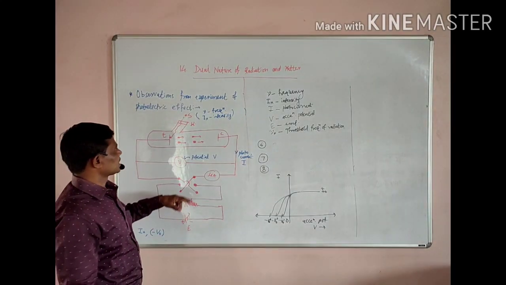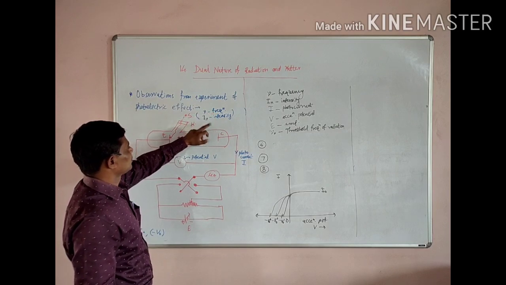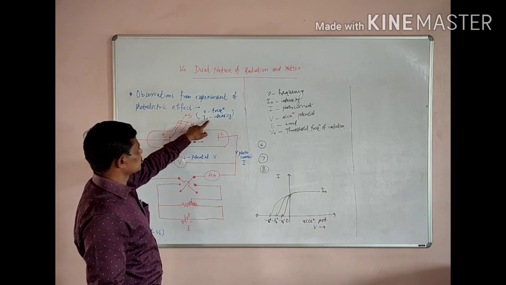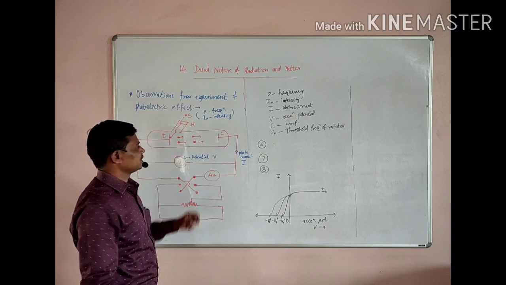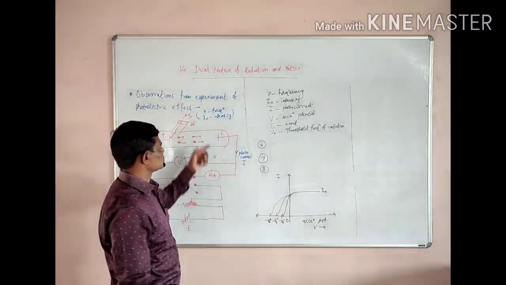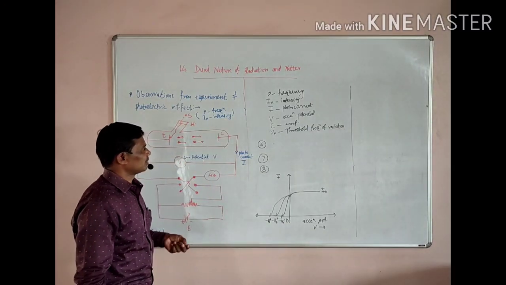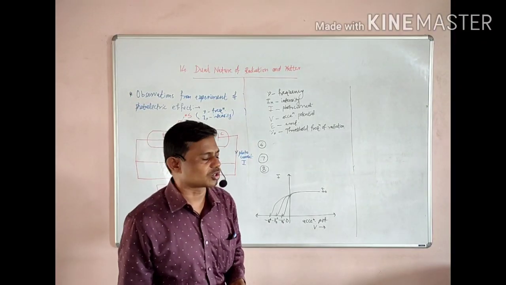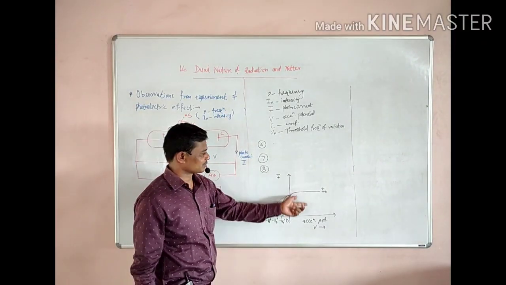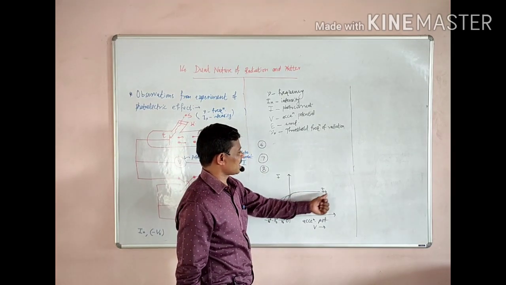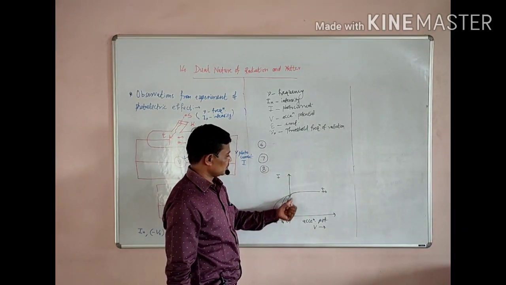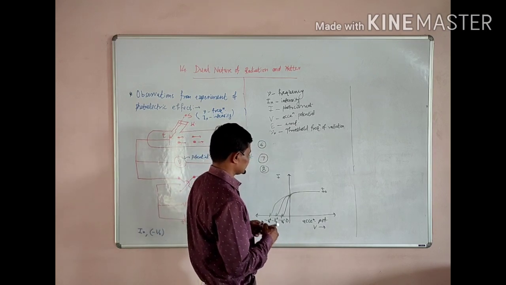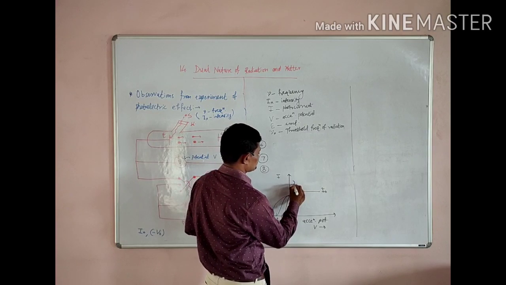The eighth observation is that when we change the frequency of incident radiation while keeping intensity and accelerating potential constant, it is observed that the saturation current remains the same, but at different frequencies the stopping potential goes on changing. In this graph, suppose the saturation current is I, and we observe that the frequency goes on changing.